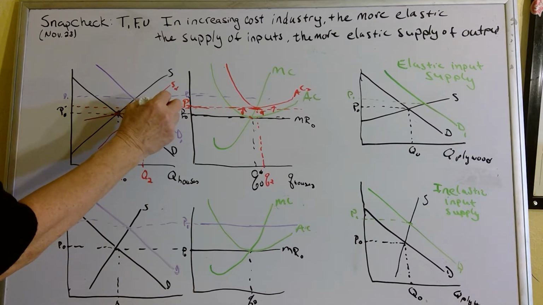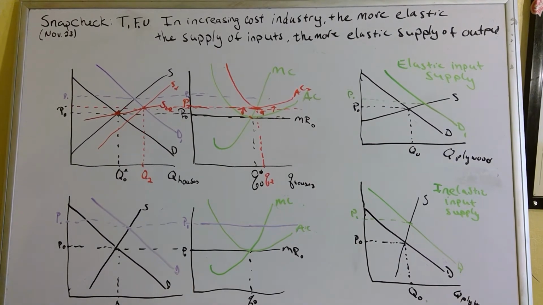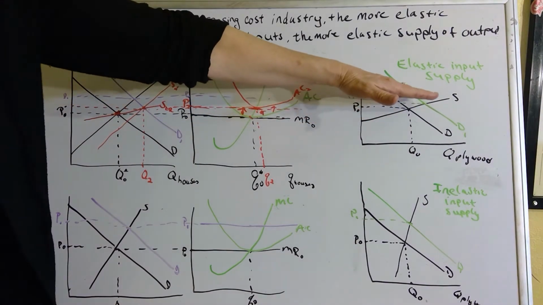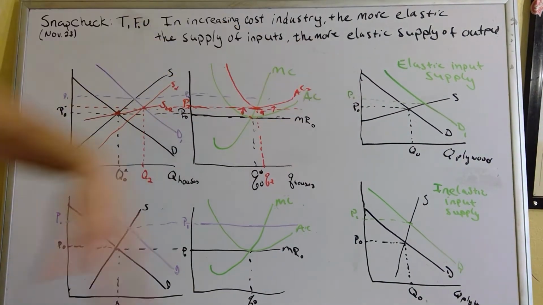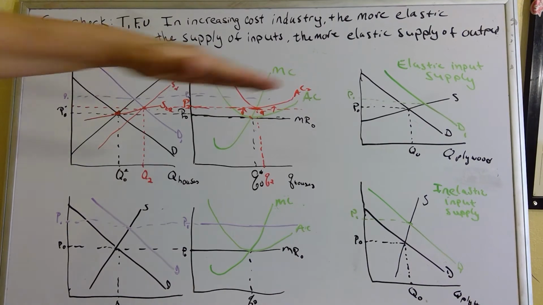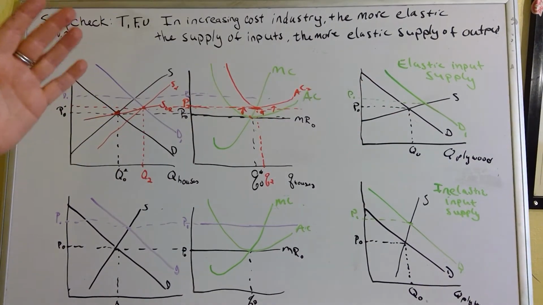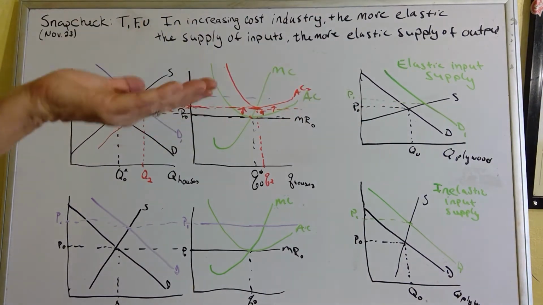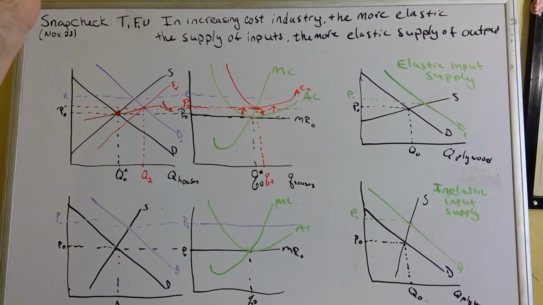And so we get a long run supply curve that is really elastic. It's pretty responsive, but it's not perfectly elastic. As demand goes up, the quantity supplied goes up, but the price goes up a little bit because as firms enter, the cost of production goes up a little bit. But this is when the supply of the input is pretty elastic. It's pretty responsive. So when more people want plywood, yeah, the price goes up, but not that much.